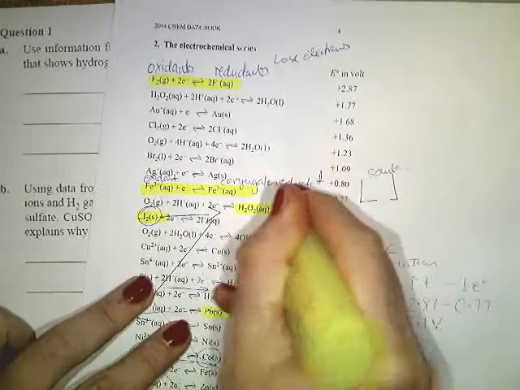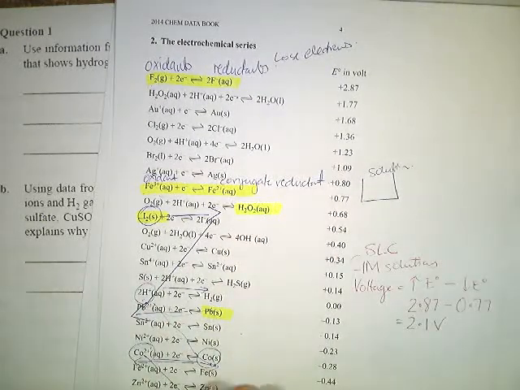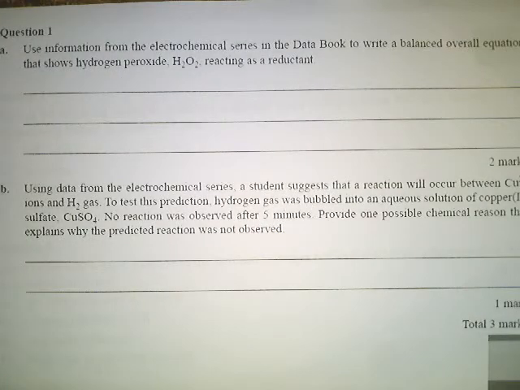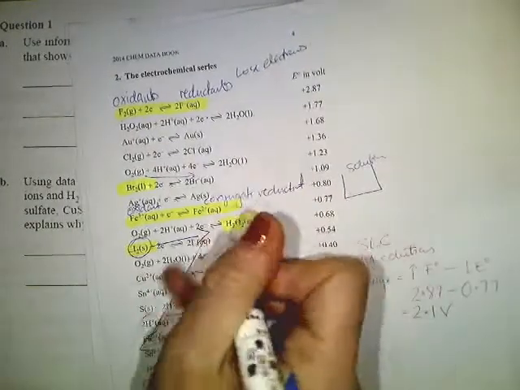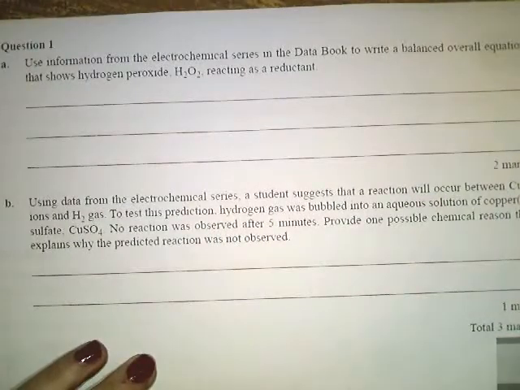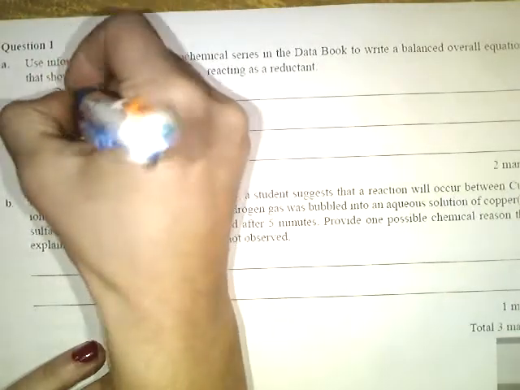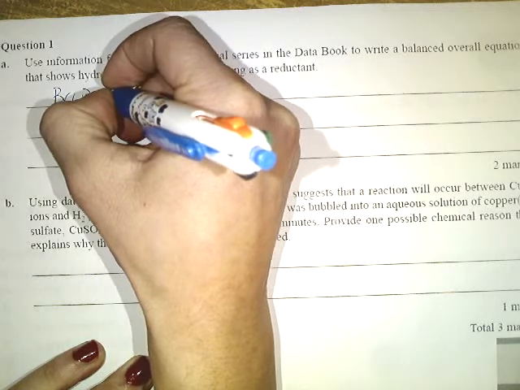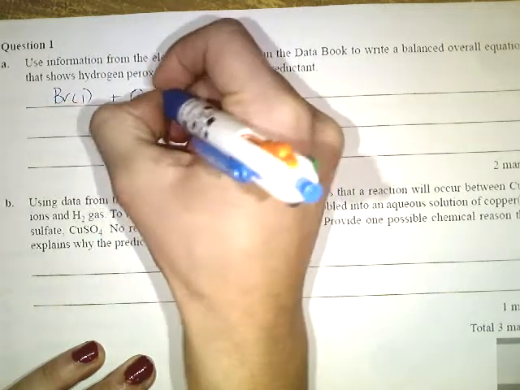It wants you to write a full equation, so you could do really anything. I'm just going to choose it with the same number of electrons so that I don't have to times it by 2. So I'm going to be picking this one as going this way and this one as going this way. Okay, so just simply write it out, electrons cancelling out.